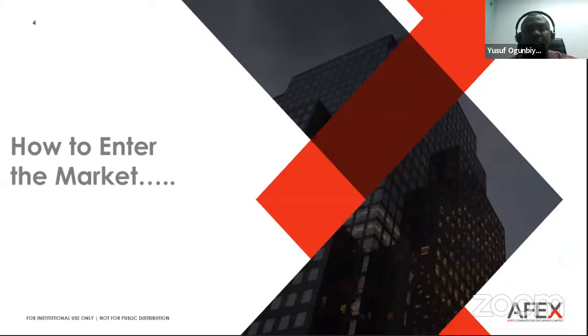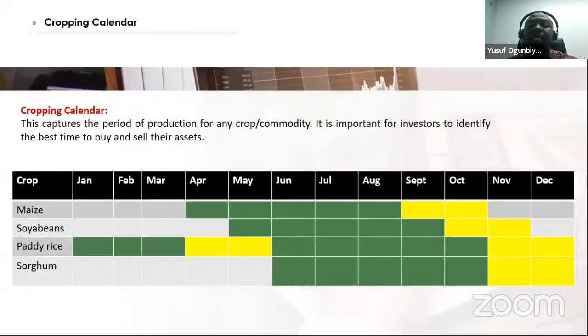So the next question you ask yourself is, how do I then enter the market if I think of the market in this manner? So you then have your cropping calendar, right? So why do we have to understand the cropping calendar? The cropping calendar is important because these are agricultural commodities, and typically Nigeria follows a monoseasonal production practice.